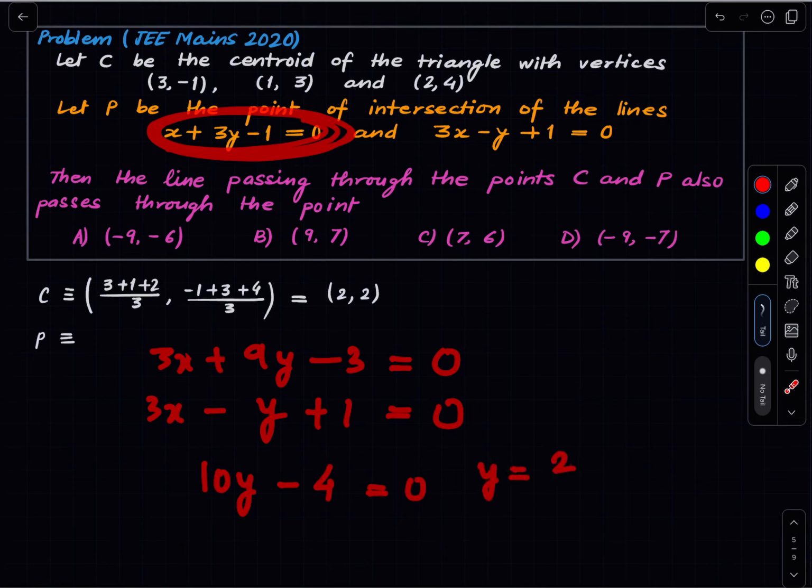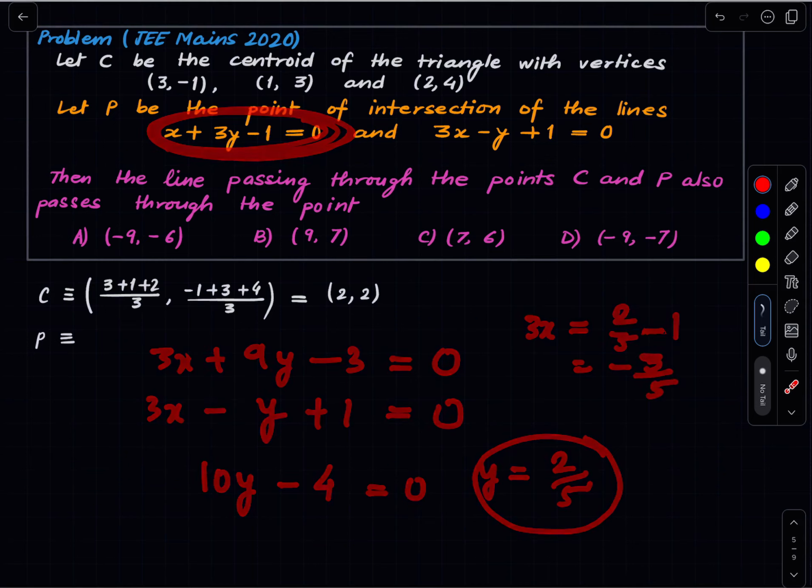So y is 2 by 5. Okay, y is 2 by 5. And therefore 3x is 2 by 5 minus 1, which is minus 3 by 5. And therefore x is minus 1 by 5. So the coordinates of P are minus 1 by 5 and 2 by 5.